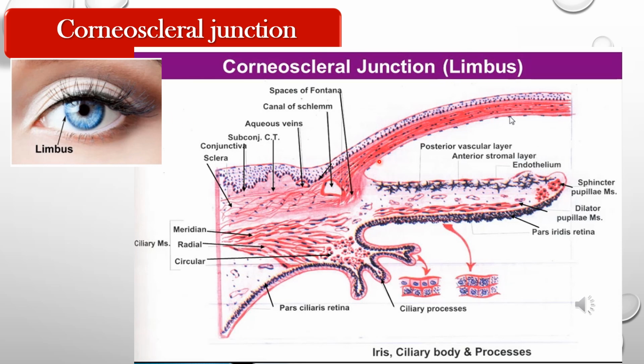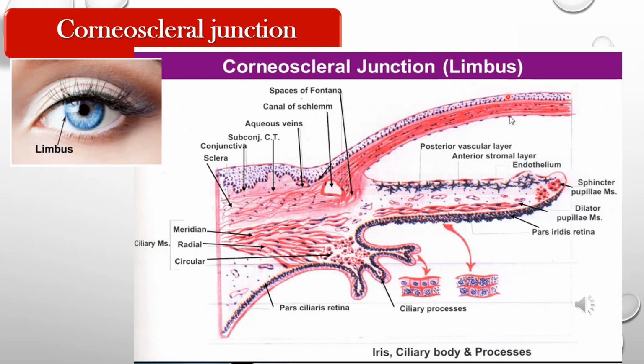What are the changes that occur at this part? The corneal epithelium, this is the cornea and this is the sclera. The corneal epithelium becomes thick and continuous with the palpebral conjunctiva.